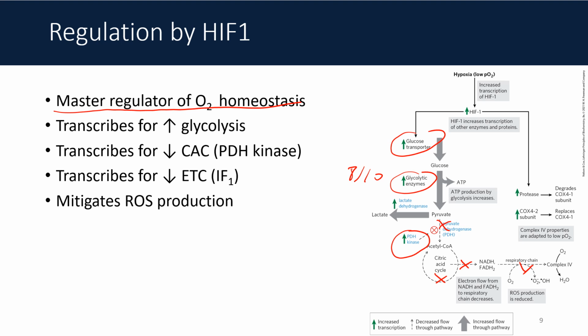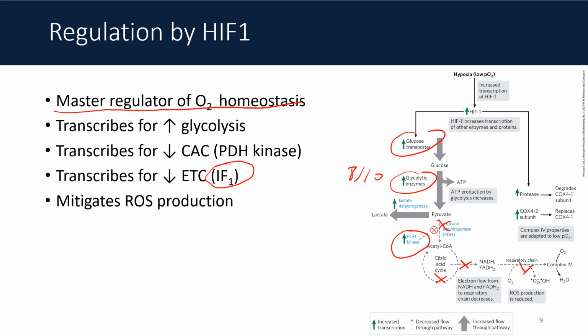Additionally, hypoxia-inducible factor is going to directly impede the electron transport chain itself by making more of this IF1 protein, that monkey wrench that gets thrown into the ATP synthase complexes when the electrochemical gradient gets reversed.